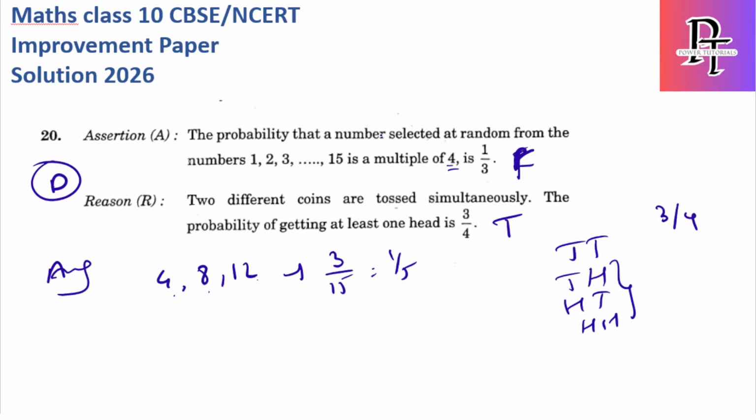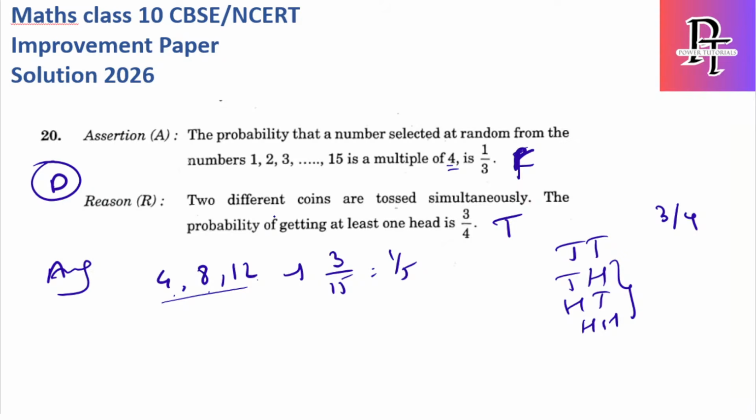What about the 20th question? The probability that a number selected at random from the numbers 1, 2, 3 and so on up to 15 is a multiple of 4 is 1 by 3. The multiples of 4 between 1 and 15 are 4, 8 and 12. Only 3 values, so 3 by 15, which is 1 by 5. They're saying 1 by 3, hence A is false.